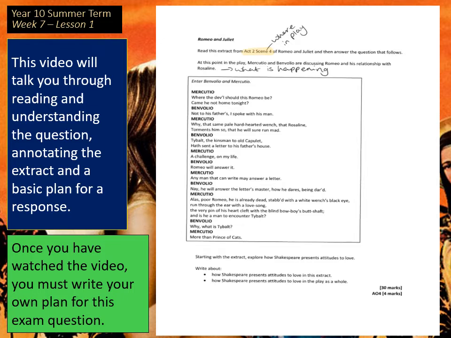So once you've read the extract, you want to try and figure out what's going on. You might just want to make yourself a few bullet points down the side there. So the first thing is that Mercutio is asking, where is Romeo? Okay, they're wondering where he is. Benvolio says, not at his father's. And Mercutio says that it's because he's upset about Rosaline, okay, that he can't be found.